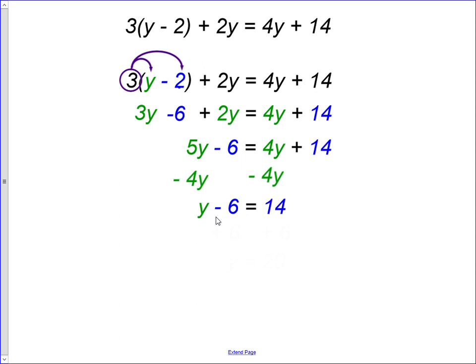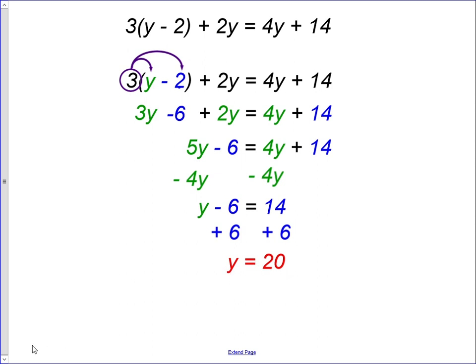As you can see, it resulted in a one-step equation, not a two-step equation. So let's go ahead and isolate y. They're subtracting 6, so to isolate y, we need to add 6 to both sides. When we do this, negative 6 plus 6 is 0, and y plus 0 is just y. And 14 plus 6 is 20, so we have y is equal to 20.